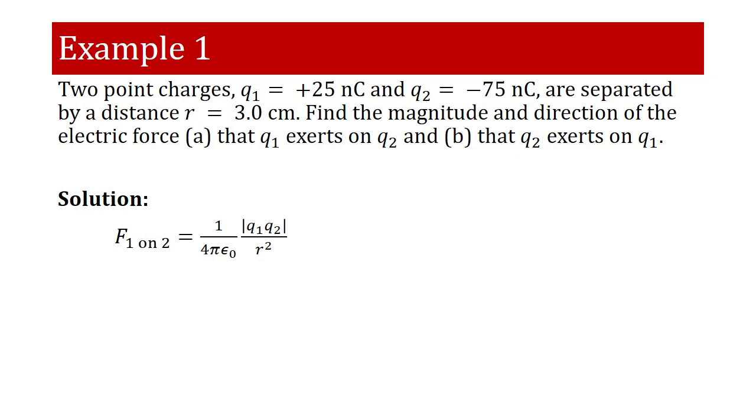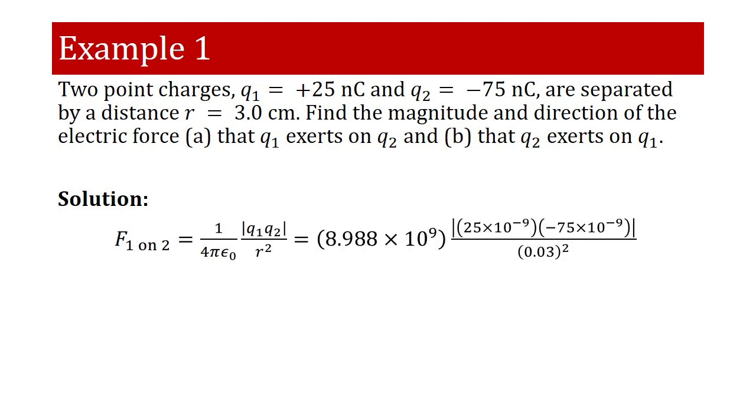F1 on 2 is equal to 1 over 4 pi epsilon naught times Q1 Q2 over R squared. So, that term 1 over 4 pi epsilon 0, you will just make it as 8.988 times 10 to the 9, because that is the K. The K is equal to that expression.